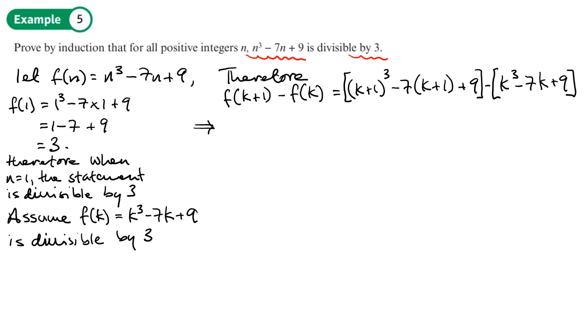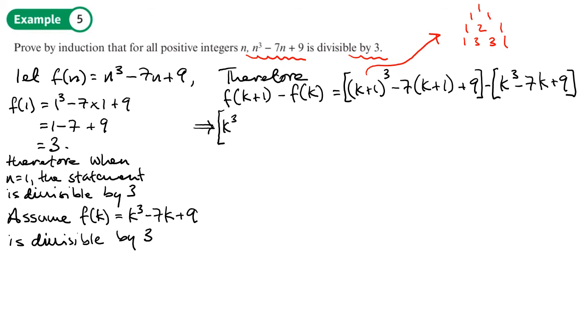Now the k cubed part, we can use the binomial expansion, which will just save time, so we can work out what the coefficients are. 1, 3, 3, 1. This is just for the k plus 1 all cubed.